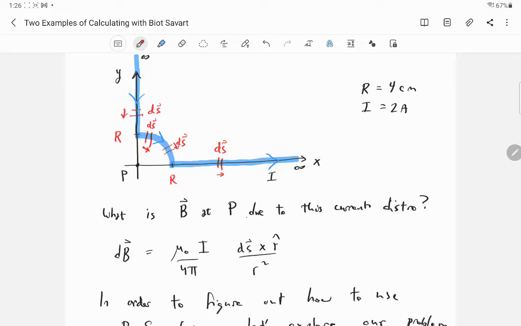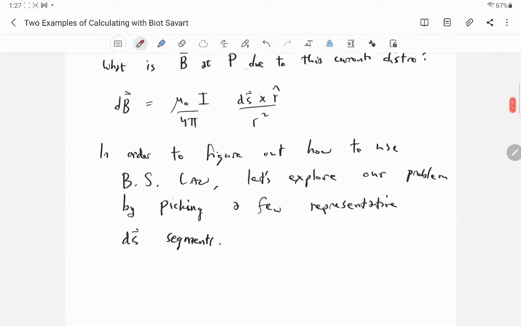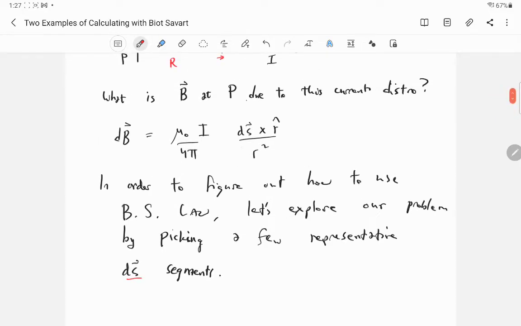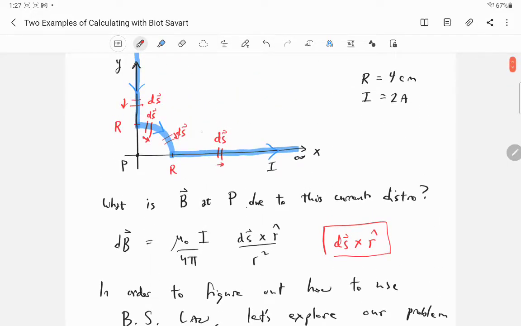But that's just picking different places along the wire and asking which way is the current flowing. That's what ds is. Pick a small segment of the wire and give it the direction in which the current is flowing, the conventional current. Okay, so those are various ds segments, but in order to figure out how Biot Savart is going to run, what I really need to pay attention to is what ds cross r hat looks like for these various ds's that I picked out.